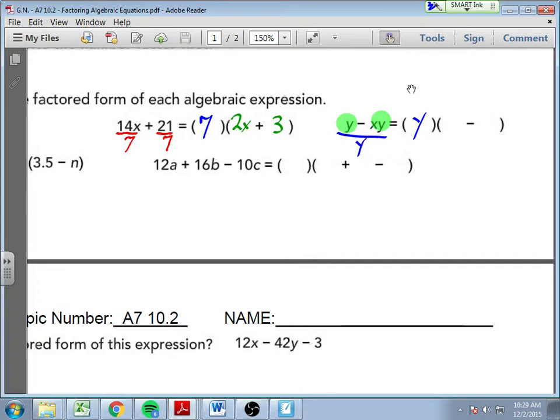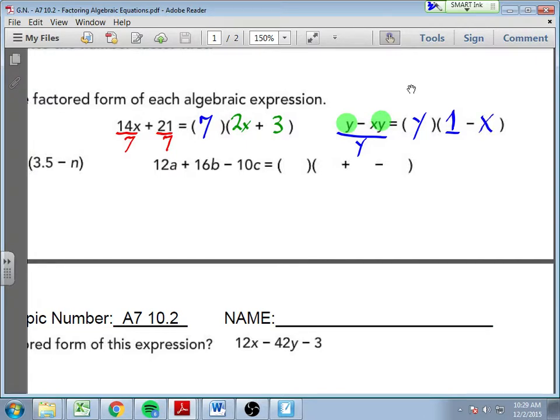So, here's where people goof up. Grace, what then is inside this parentheses? What would y divided by itself give you? Any number divided by itself? 1. So then xy divided by y, then these y's cancel each other out, and we get just x left.